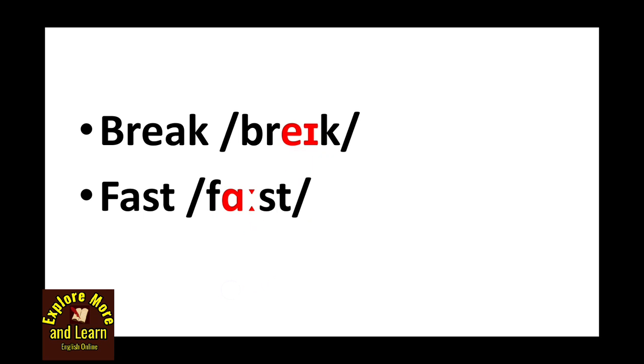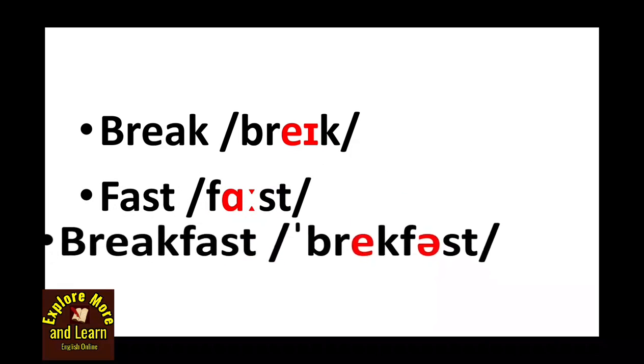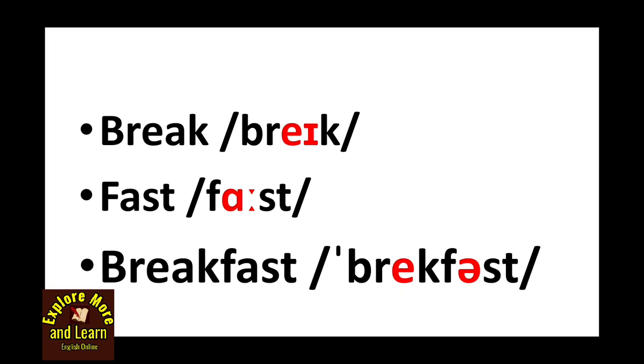And when we join these words, we get another word. And how to pronounce it? Breakfast. When we had these two words separated, the pronunciation was different, like break, fast. But when we joined these words to have another word, the pronunciation changed.